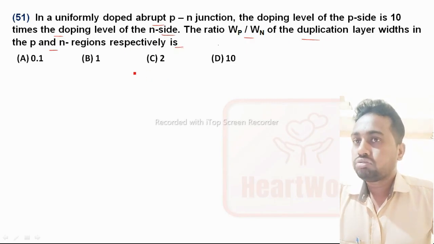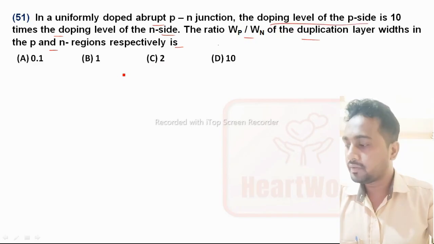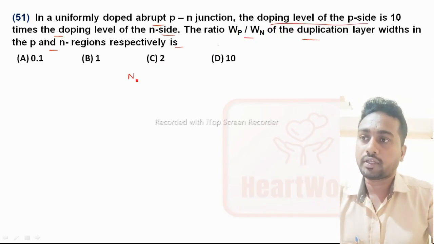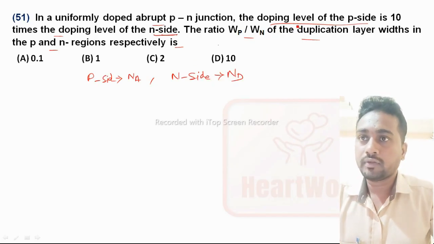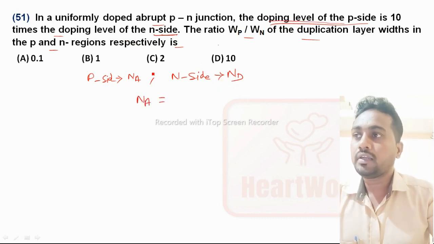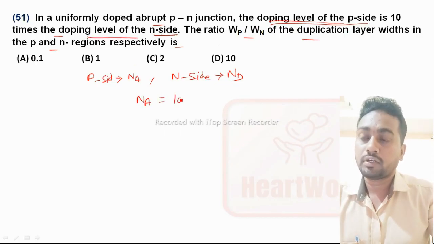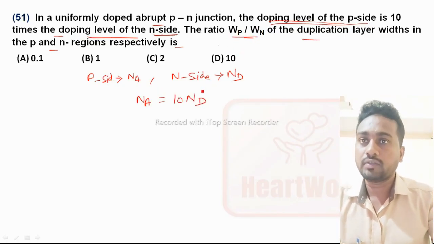So doping level in the p side means Na, acceptor, and doping level of the n side means donor, Nd. In the question, they mention that the doping level of the p side, Na, is 10 times the doping level of the n side, 10 Nd. We have to find the ratio Wp by Wn, meaning width.